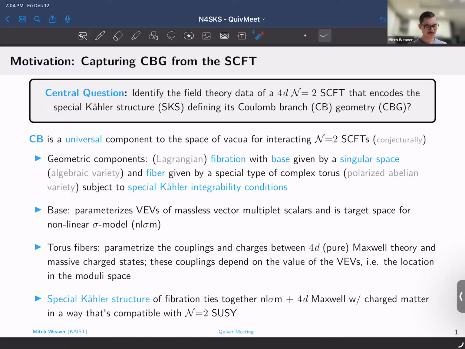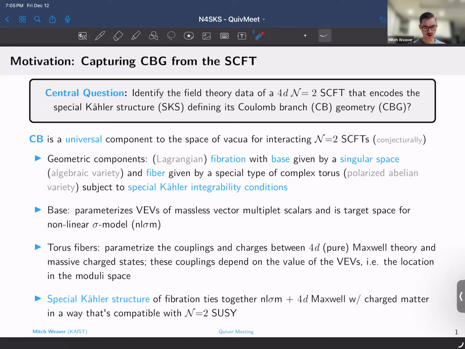And so just really quick, I want to remind you of some of the basic aspects of the Coulomb branch and its geometry. It's believed to be a universal component for all interacting N=2 superconformal field theories, at least conjecturally. And it has a couple geometric components.